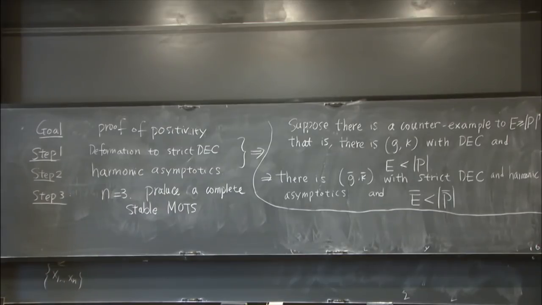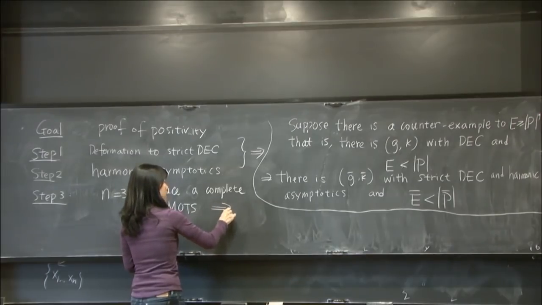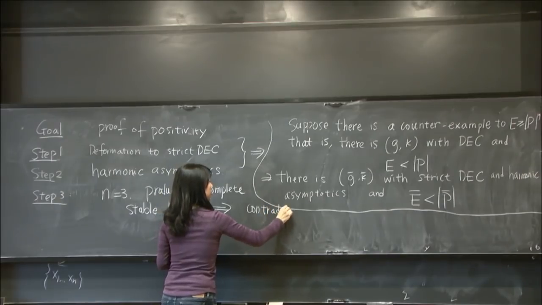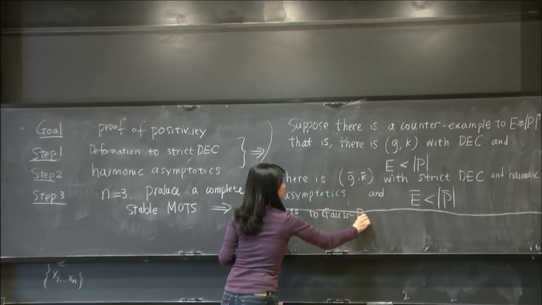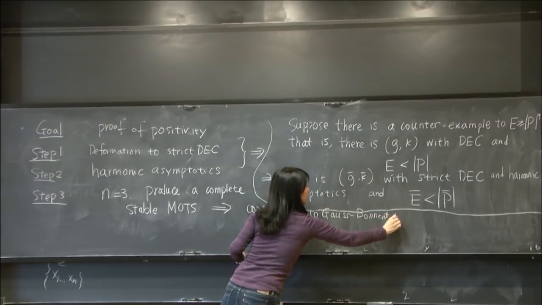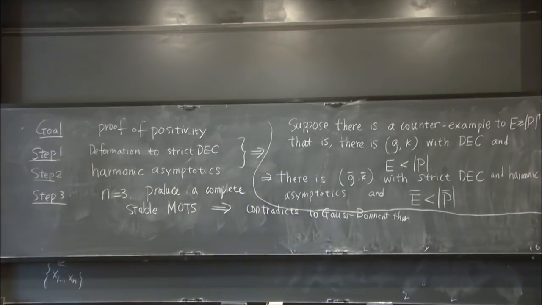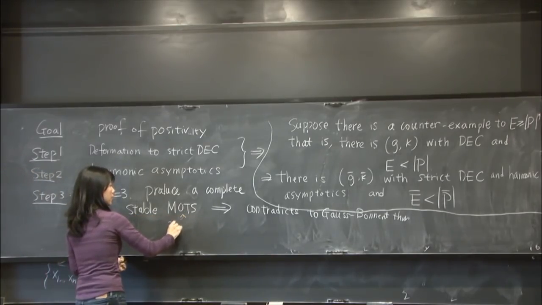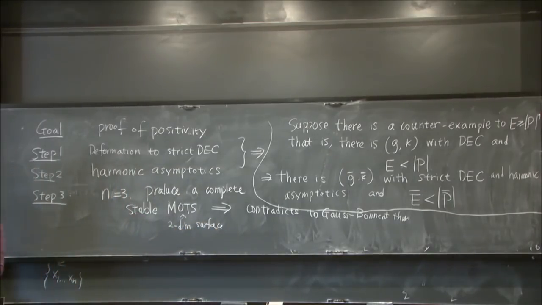And it turns out you also have the same conclusion: if you have a stable MOTS, then that will contradict the Gauss-Bonnet theorem. Somehow the stability will imply that the total Gauss curvature of this surface, so this will be a surface, the total curvature is also positive, and that cannot happen.